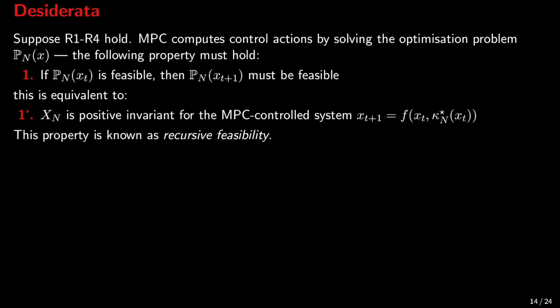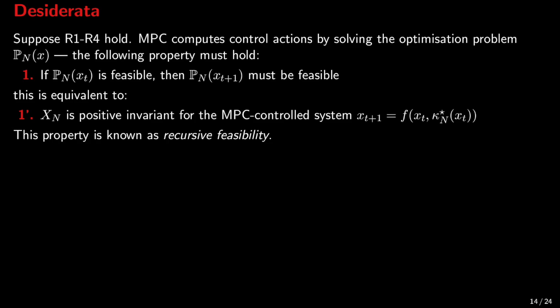Let's read it out. If P_N at x_t is feasible, then P_N solved with parameter x_{t+1} must also be feasible. So if at the current state I can compute an optimal sequence of control actions, and I take the first control action, I apply it to the system, and from x_t the state becomes x_{t+1}, then at that new state I must be able to solve the problem again.